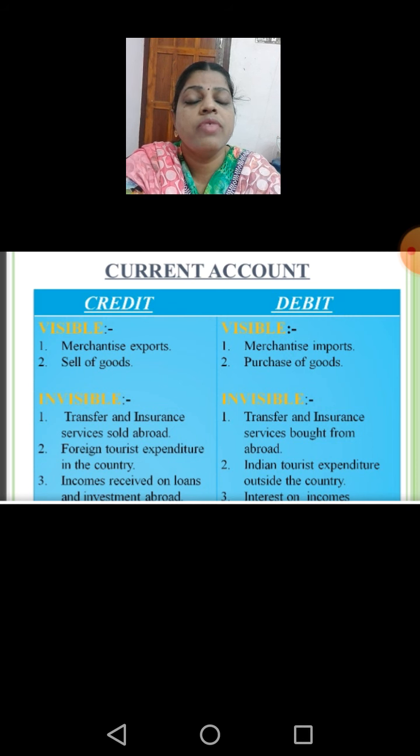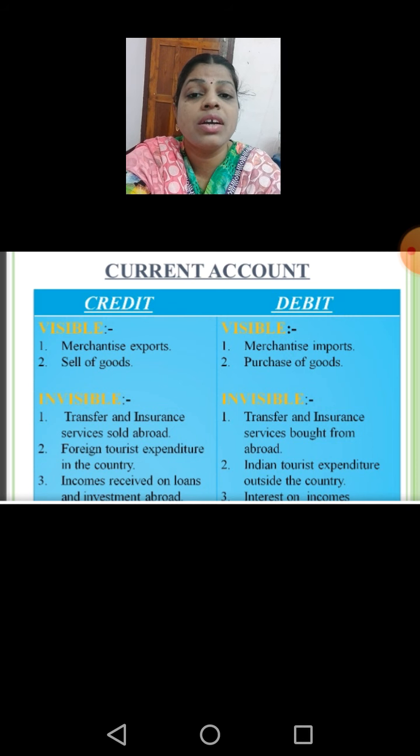So if foreigners give loans to us, we have to pay interest for such loans. So such interest payments are also added to the foreign country's account. So that is also a debit item.